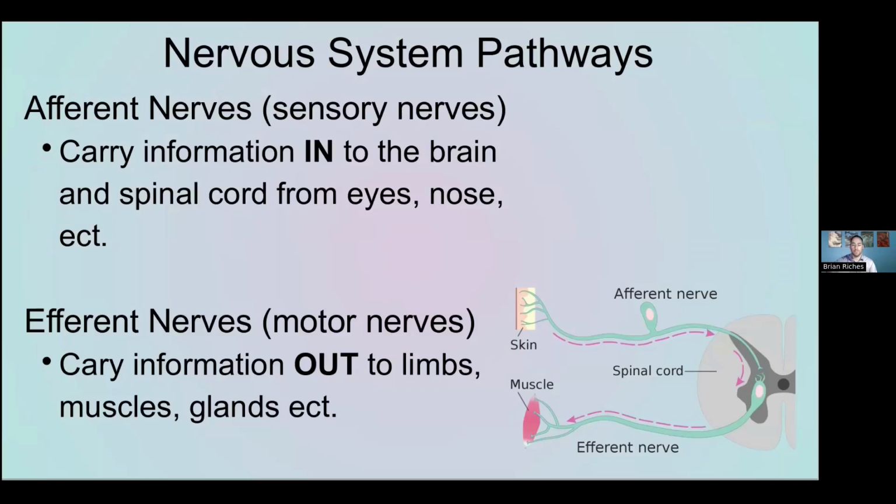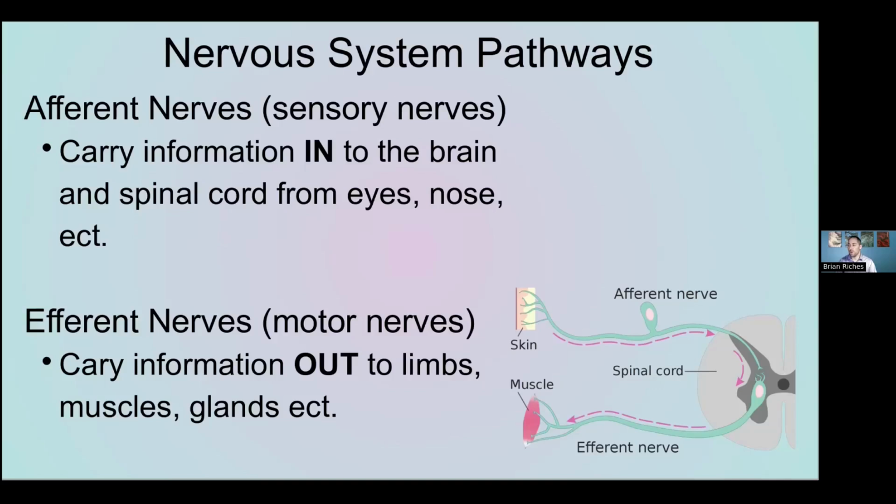So my brain telling my arm to move away from the hot thing, that is going through efferent nerves that then talk to muscles. So the efferent nerve is connected to muscle cells saying contract, contract, contract. All right, so that's afferent and efferent. Those are part of the nervous system, but it's not our usual focus.